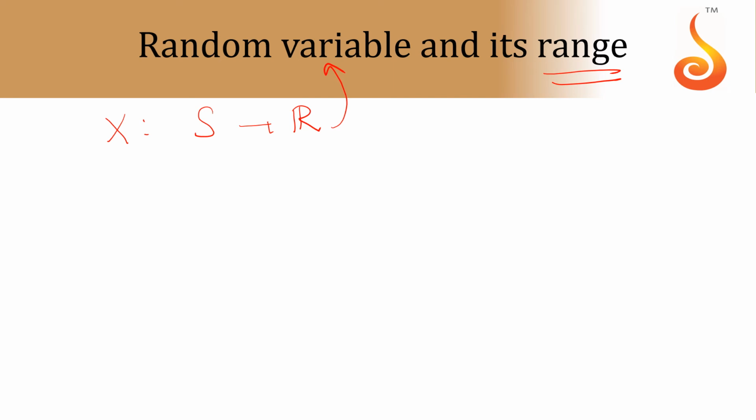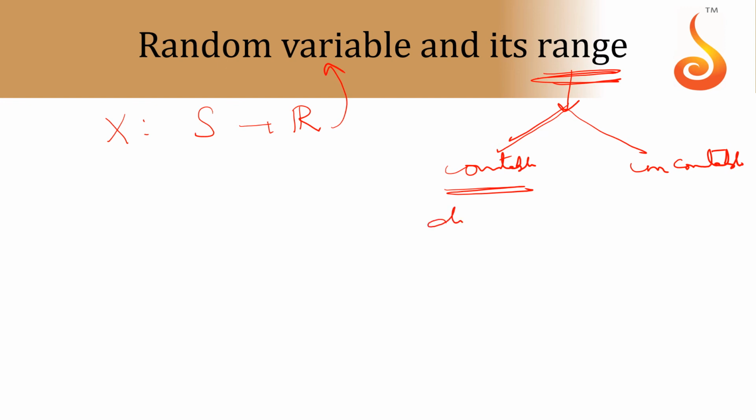So remember that for the range of the random variable, there are two possibilities. One is countable, the other uncountable. If it is countable, such variables are called discrete variables. Otherwise, if uncountable, they are called continuous variables.